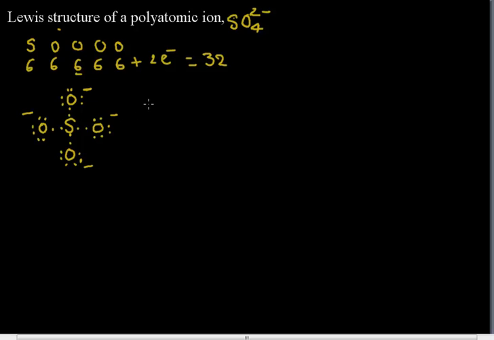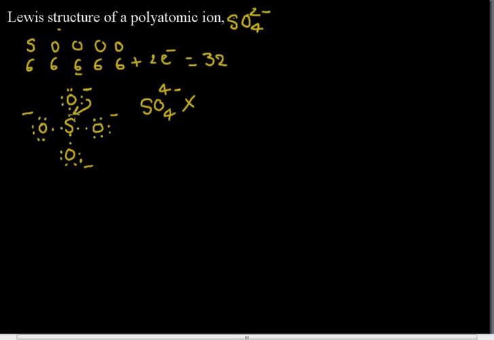So according to this Lewis structure, the formula of a sulfate ion is SO4 4-. That's not correct. We want an ion with a double negative charge, which is 2-. So we need to get rid of 2 additional negative charges. How do we do that? Well, you can move a pair of electrons on this oxygen between sulfur and oxygen.